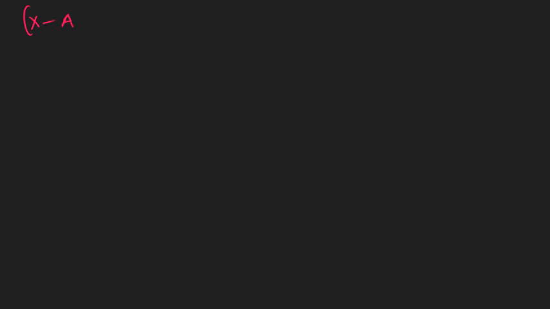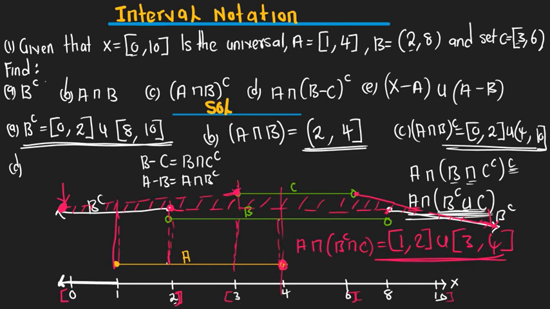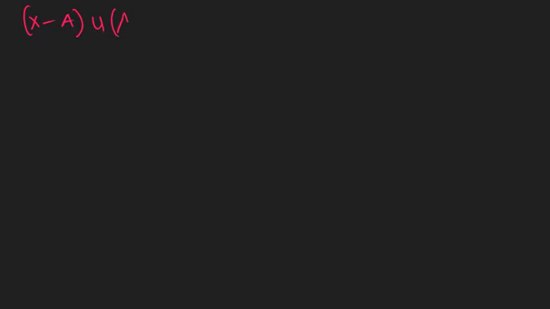x minus a union a minus b. So to solve it, you use the same concept. X minus a is the same as x intersection a complement. Then a minus b is the same as a intersection b complement.